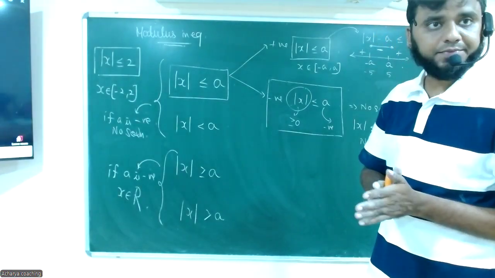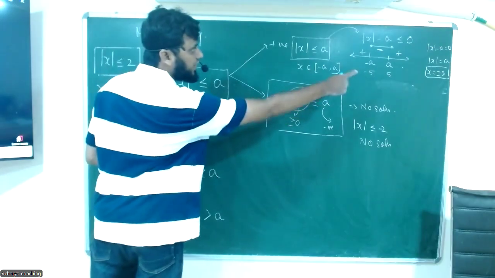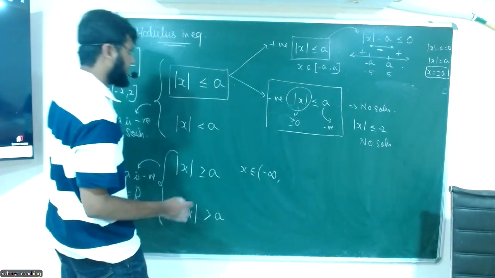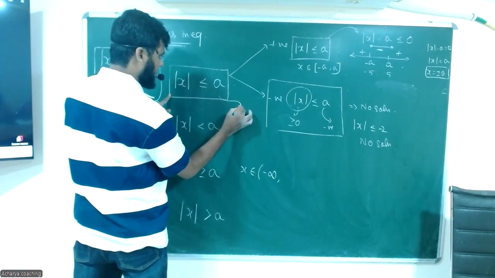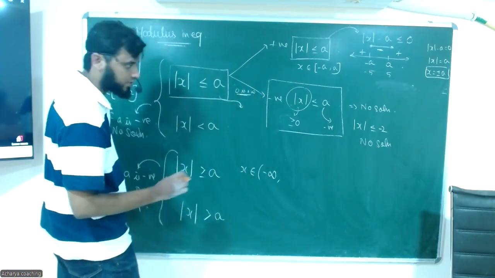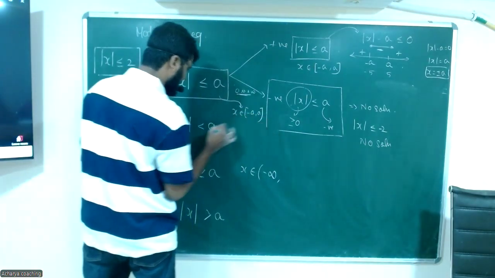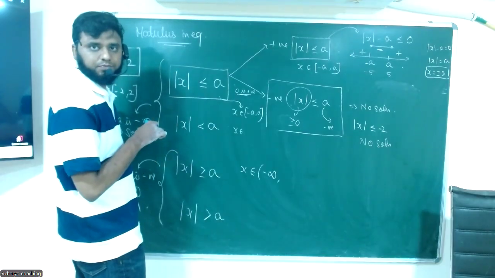Okay, clear? And here also we have to do the same thing, wavy curve method. I'm writing for a positive. Below this, I'm writing the answers. So a positive means for this first part, minus a to plus a. For the second part, minus a not included, plus a not included. Clear?